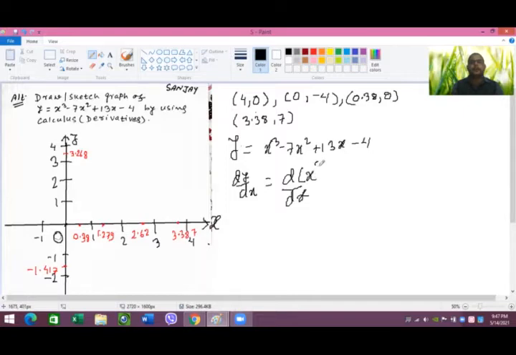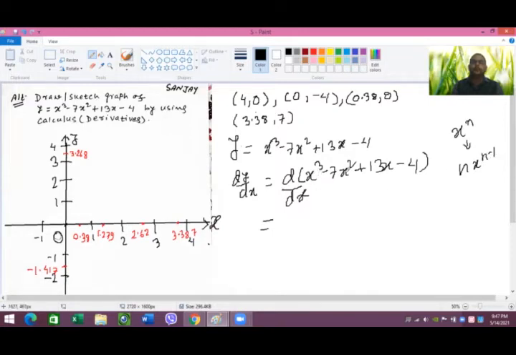So here it is x cube minus 7x squared plus 13x minus 4, and then to find the derivative of this, you can use this formula: if you find the derivative of x to the power n, then after taking dy by dx, it is n times x to the power n minus 1. So same thing we'll do here.